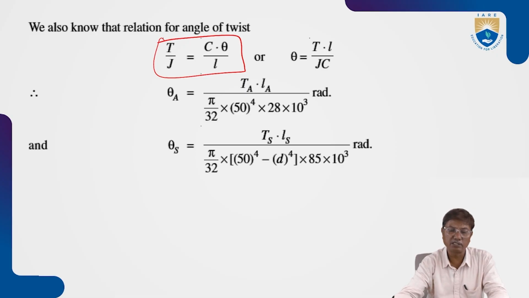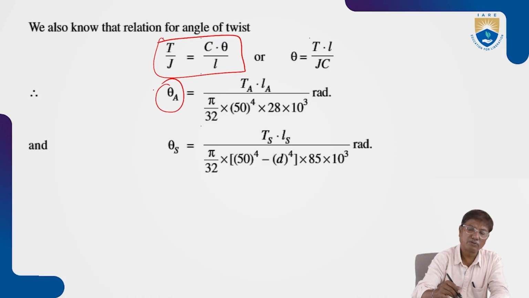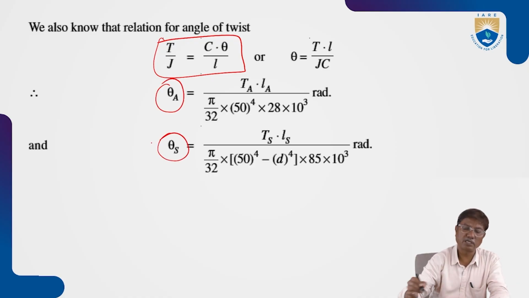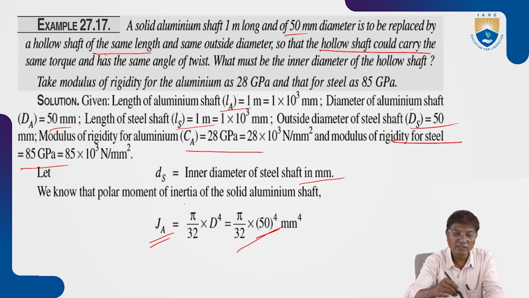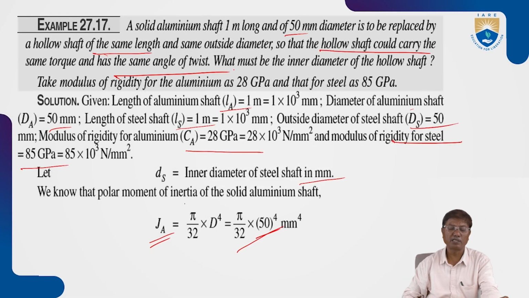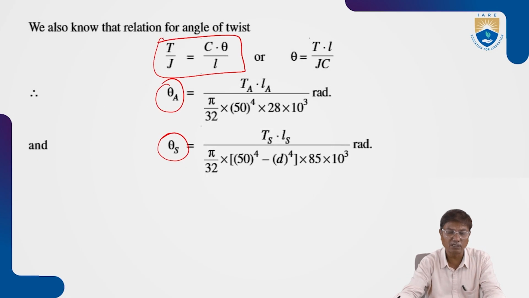Angle of twist for aluminum and angle of twist for steel should be the same. So theta A and theta S are equal. We have to equate them.